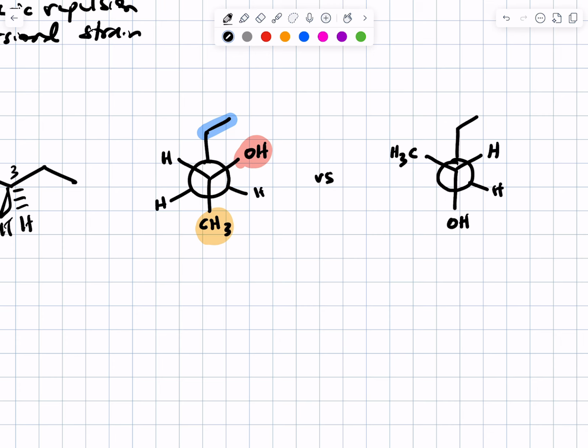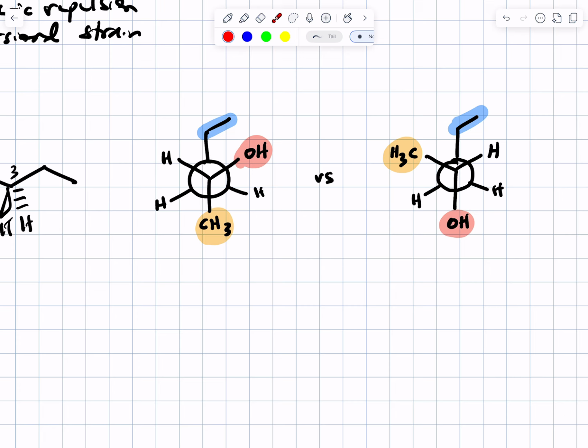And to understand this, you've got to have a sense for how big a methyl group is versus an OH group. Let's just reason through that really quickly. How many things is the OH group bonded to? 2. So it's got 1 hydrogen coming off of it. How many groups is the methyl group bonded to? 4. It's got 3 hydrogens coming off of it.